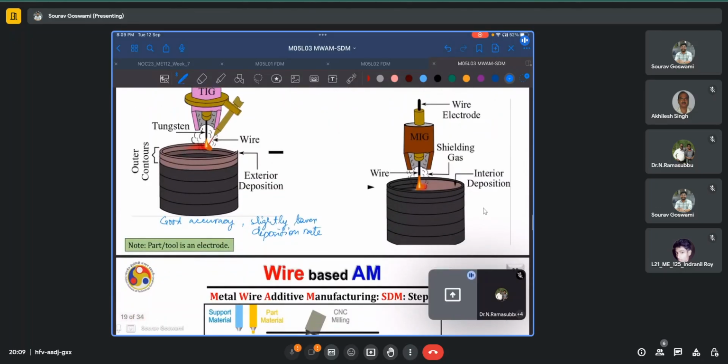But if I need higher deposition rates, but with slightly compromised accuracy or medium accuracy, I can opt for a process which is closer to MIG.